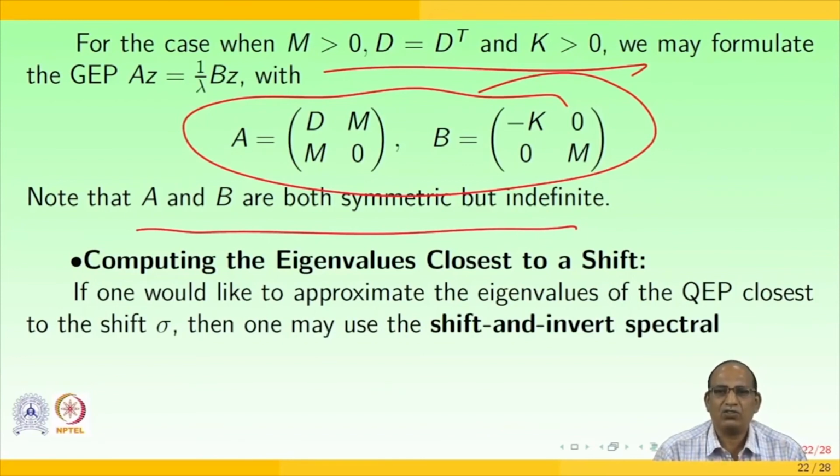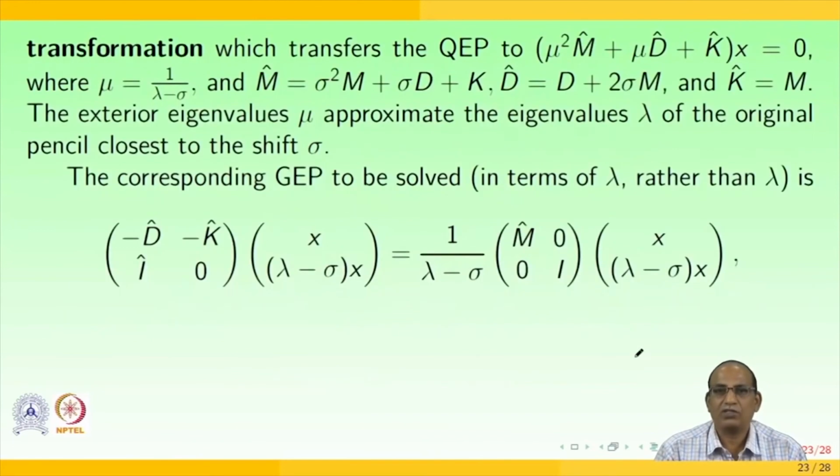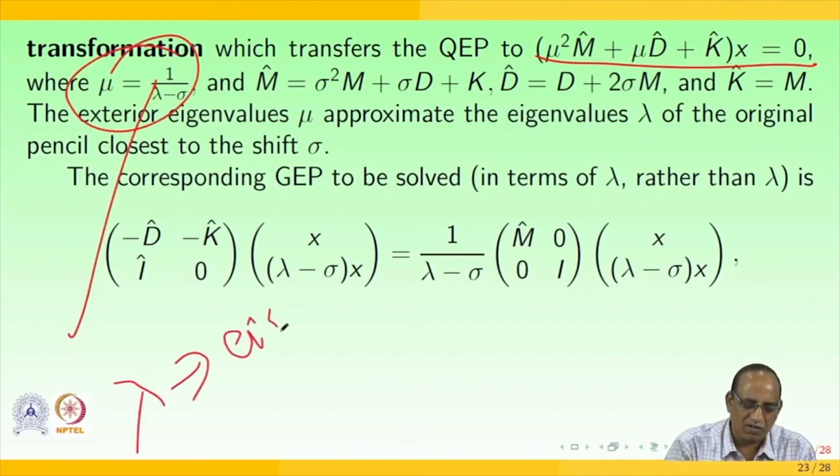Computing the eigenvalues closest to the shift. If one would like to approximate the eigenvalues of the QEP closest to the shift sigma, then we may use the shift and invert spectral transformation, which transforms this matrix into this form, where mu is defined like this, lambda is the eigenvalue, and sigma is the shift.